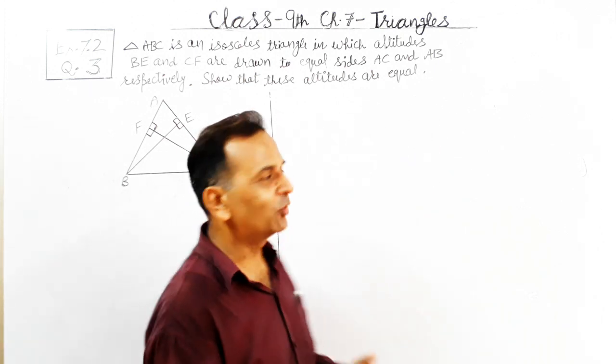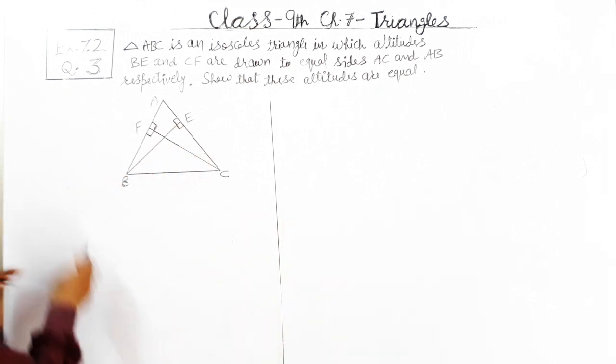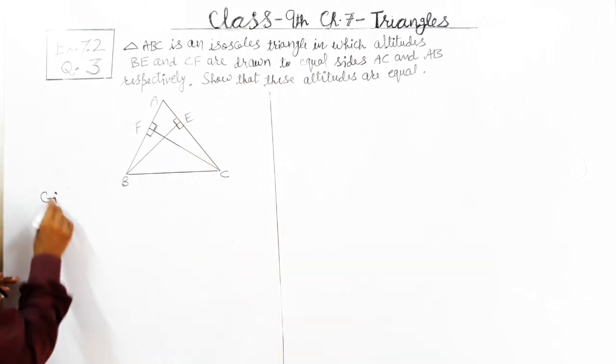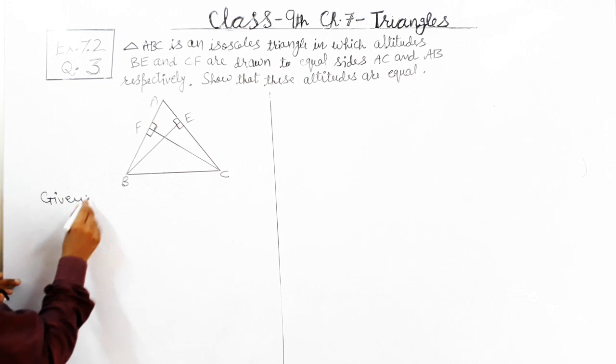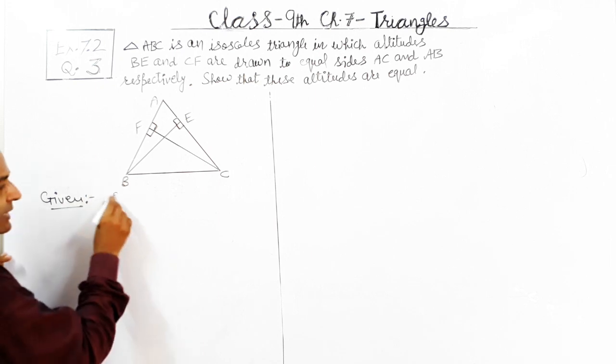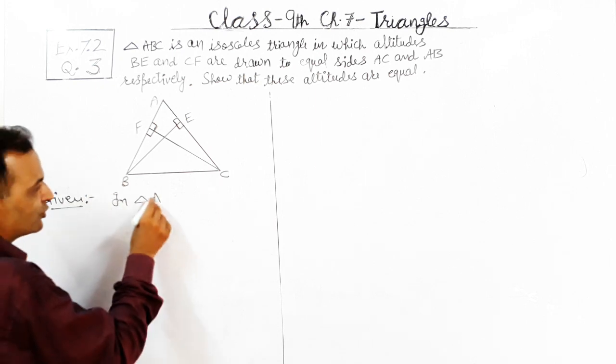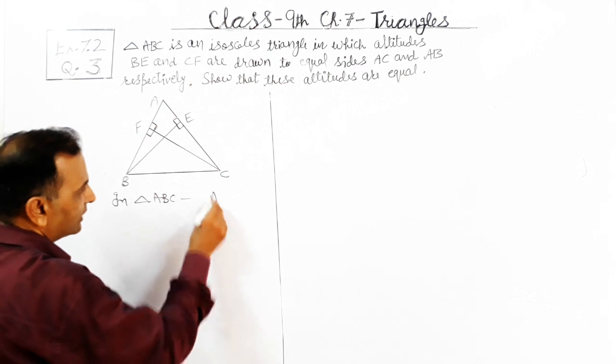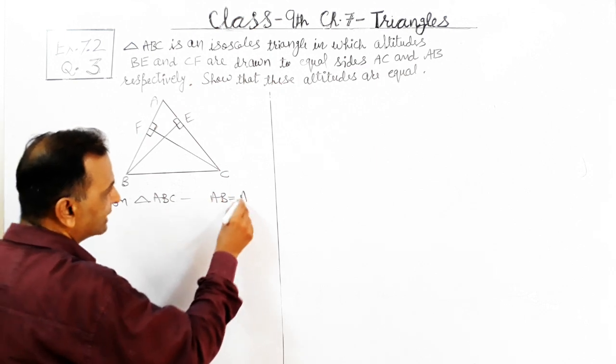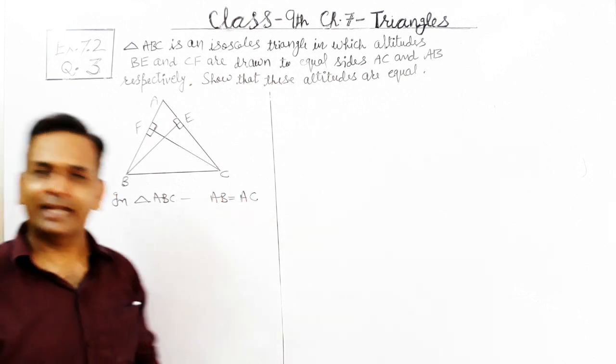First of all, let us write down what is given in the statement of the question. In triangle ABC, first of all, the two sides AB and AC are equal.